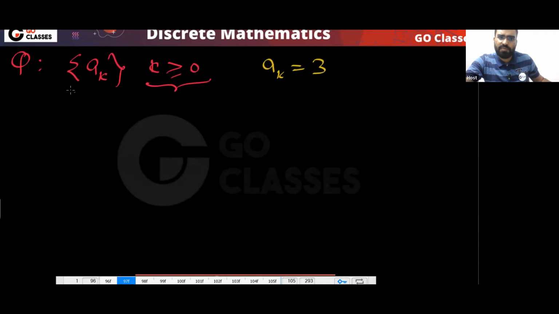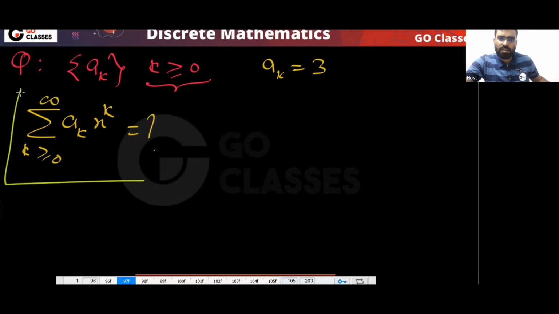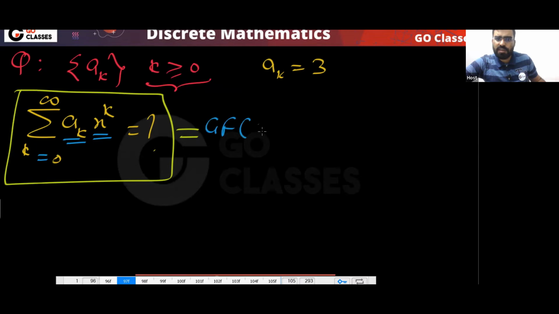The generative function means AK multiplied by x power k, with k going from 0 to infinity. This is the generative function for this sequence.